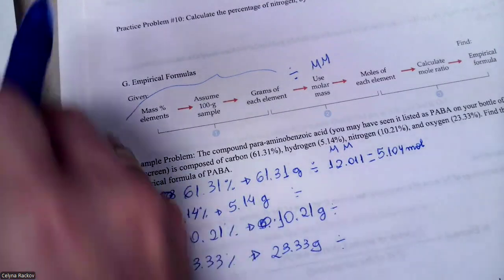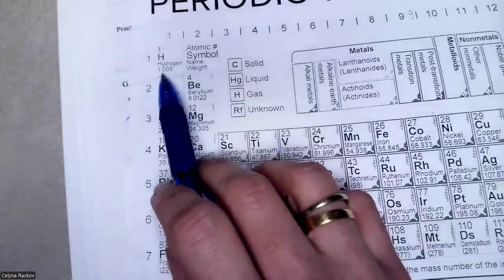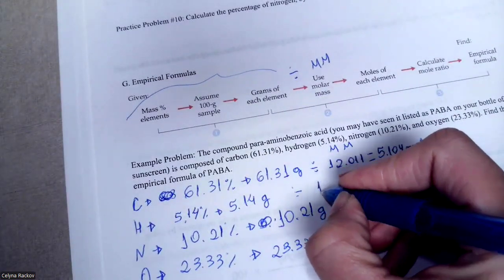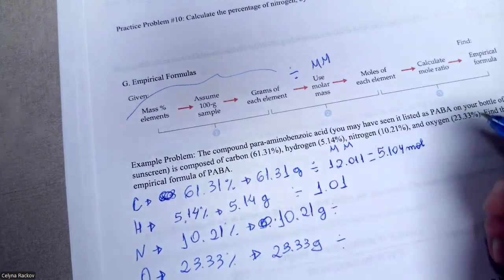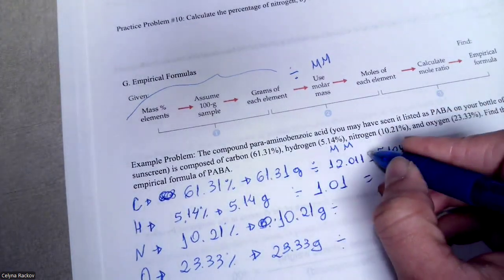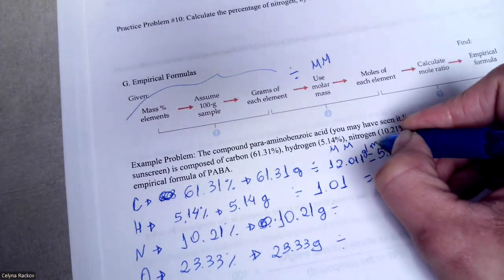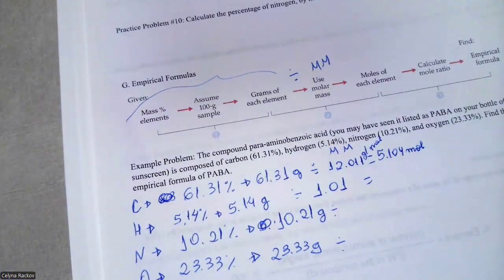So hydrogen is 1.01, so divided by 1, right? Grams per mole here.